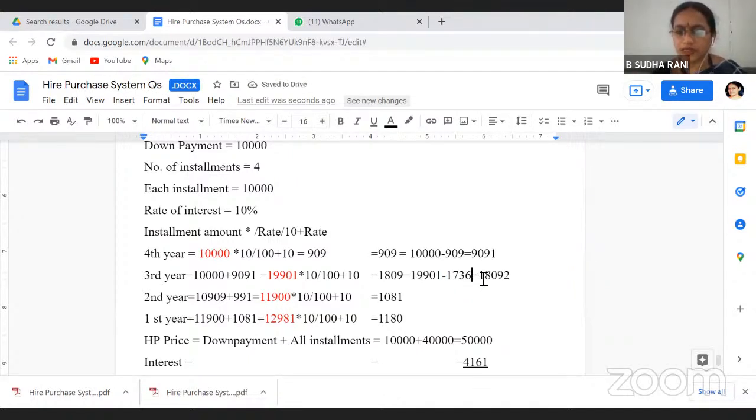So if you subtract that 1736 from 10,000, you will get 8264. Right? So here 8264 we add.